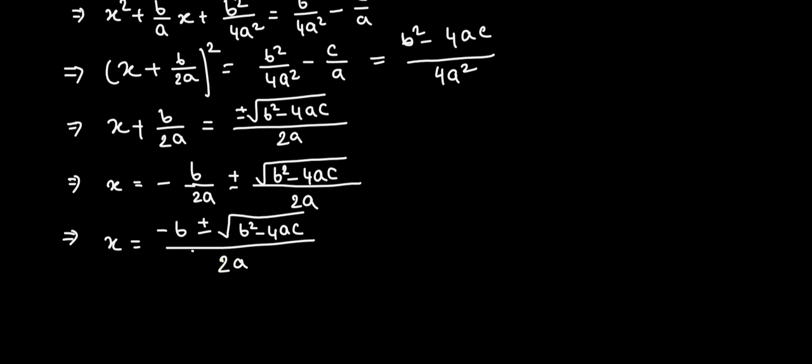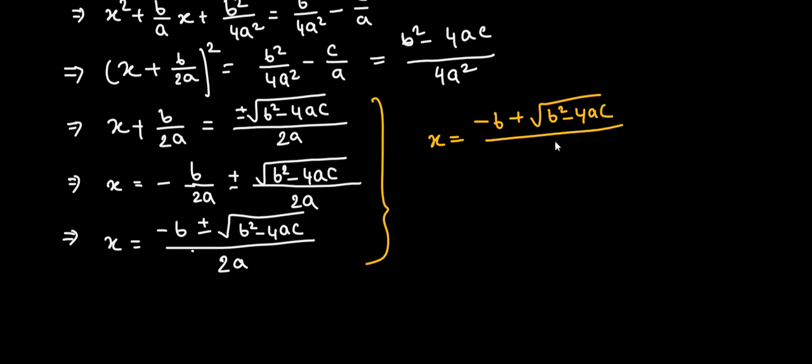So the two roots of x from this equation become x is equal to minus b plus root over b square minus 4ac upon 2a, and another value of x is minus b minus root over b square minus 4ac upon 2a.